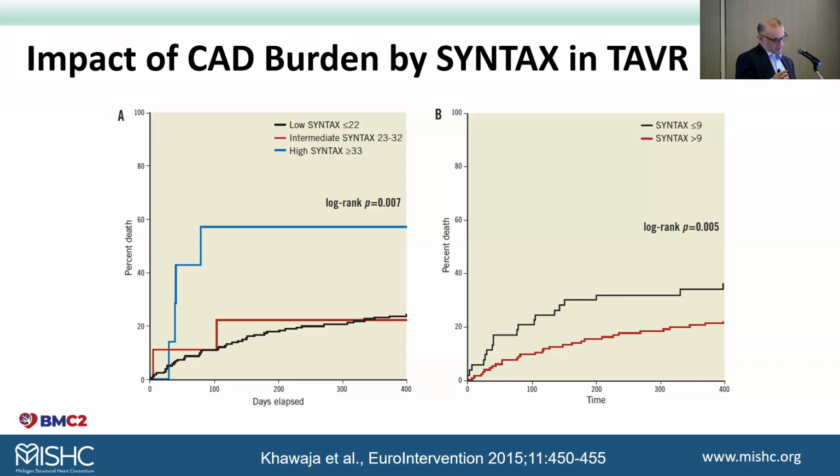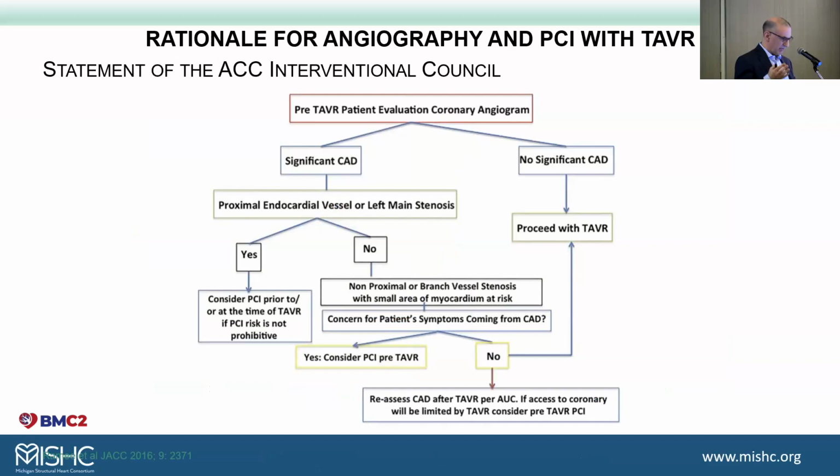If you look at SYNTAX less than 9 or more than 9, there seems to be some percentage that there is, paradoxically in the lower ones, which makes no sense to me. The SYNTAX index, 9% of death is against the complexity. So to me, again, but as Dr. Bates said, this is the evolution of the space.